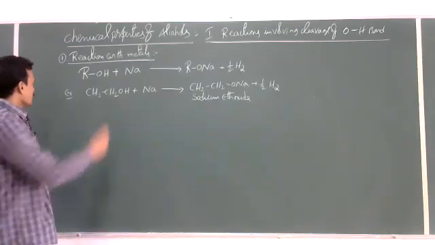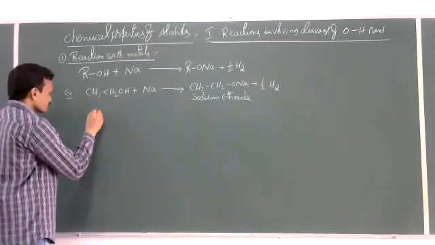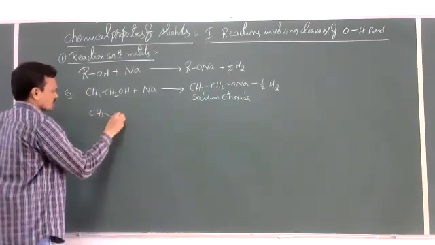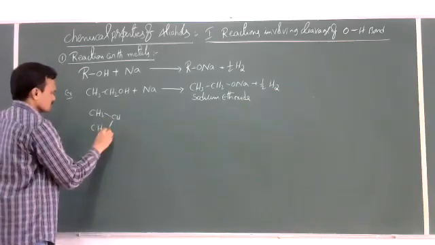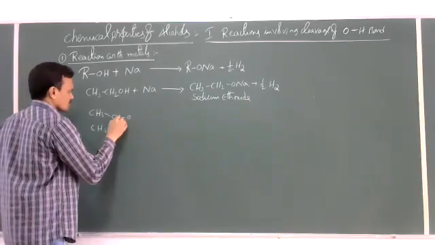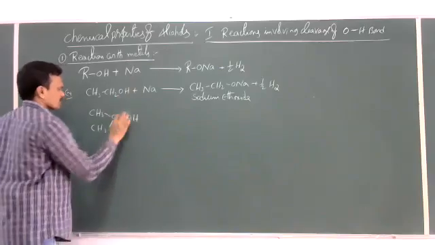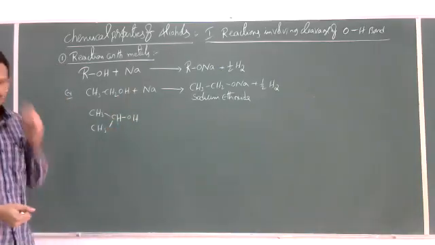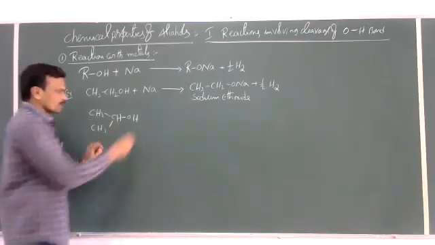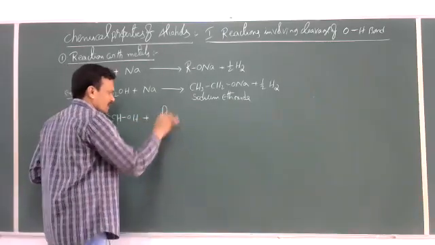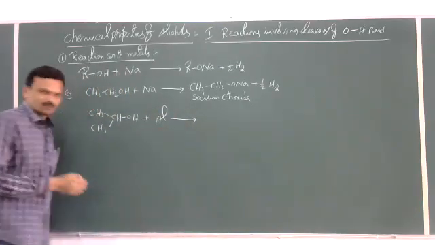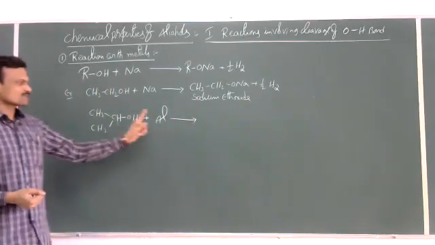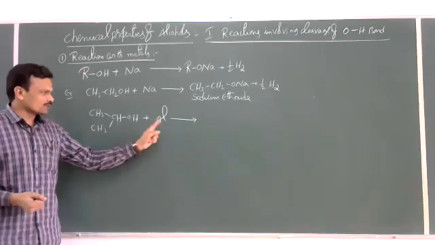Let us take one more example. CH3CH(OH)CH3, this is nothing but isopropyl alcohol. When isopropyl alcohol is allowed to react with aluminum, what is the valence of aluminum? Valence of aluminum is 3.